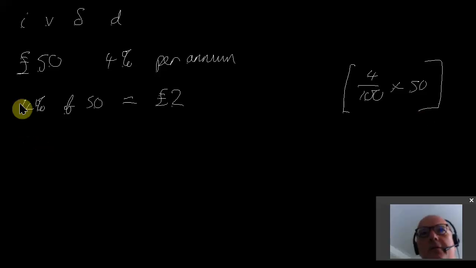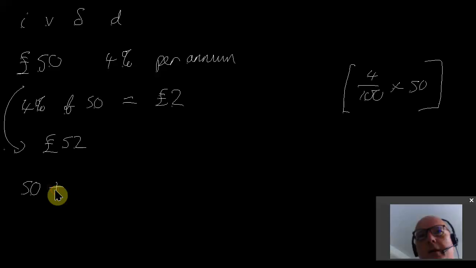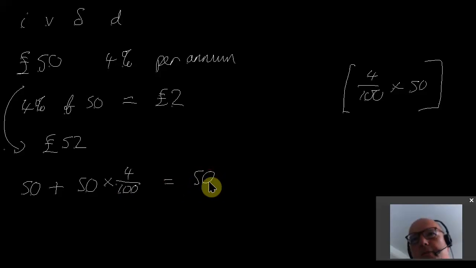So at the end of the year, we've got £52. What I've done there is 50 plus 50 times 4 over 100, which factors out to 50 times 1.04.